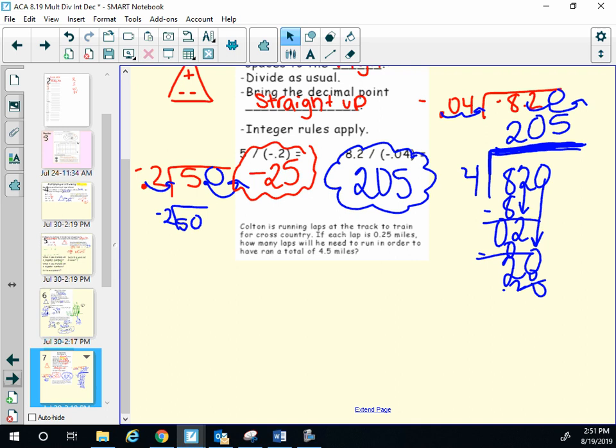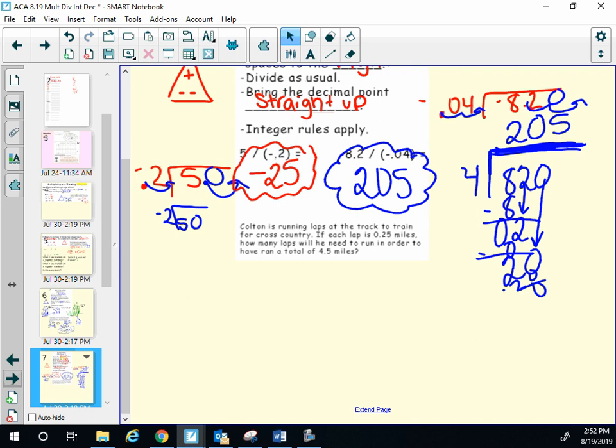Any volunteers to read the next problem? Yes, go ahead. Nathan is running laps at the track to train for cross country. If each lap is 0.5 miles, how many laps will he need to run in order to run a total of 1.5 miles? Okay.